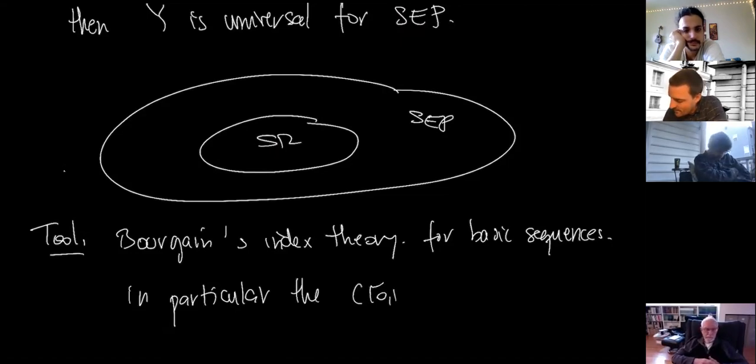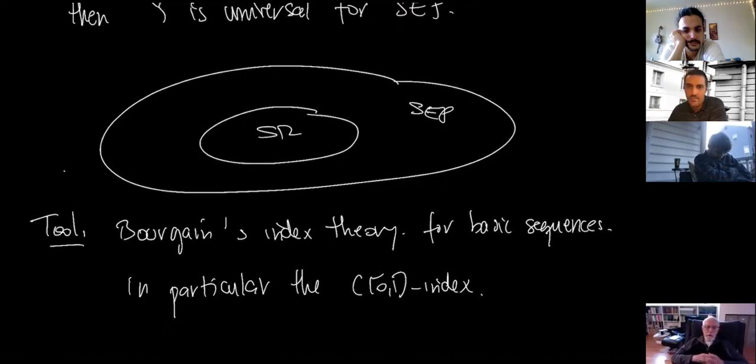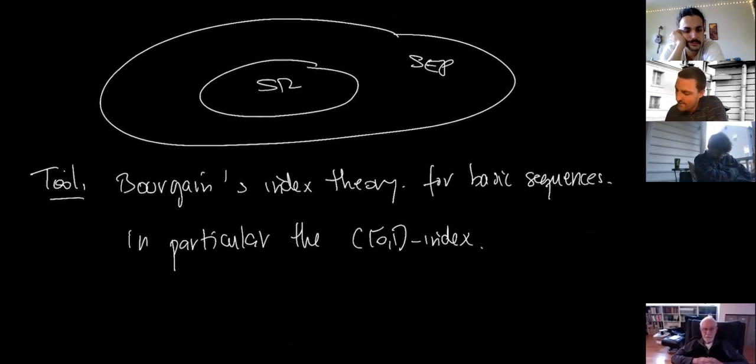So for every basic sequence, you can define an index with certain properties, and here you're going to look at the index for C of 0, 1, but the index is not about a space; it's about a basic sequence or a basis of the space. But I'll explain this in a second.